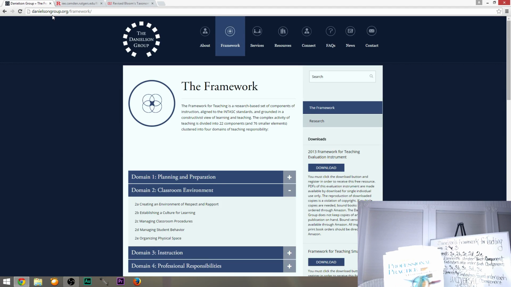Now, what these books have that I'm not seeing on this website, but it may be there, and these are copies from my book. This is how much I used this book when I did evaluations on teachers and when I wanted to learn it so that it became part of me. I would write the domains, the components, the elements, and the indicators.